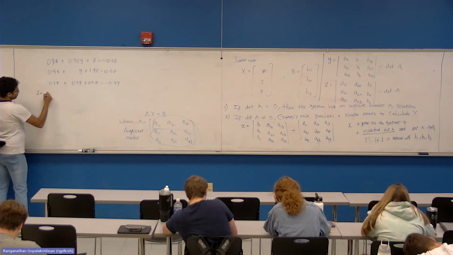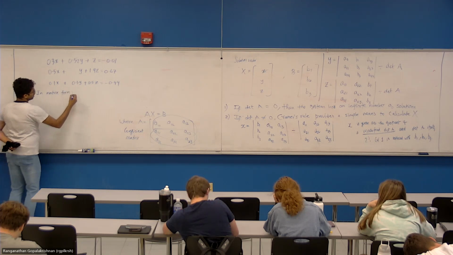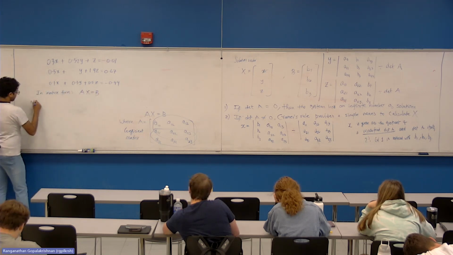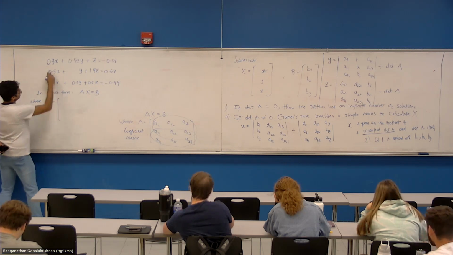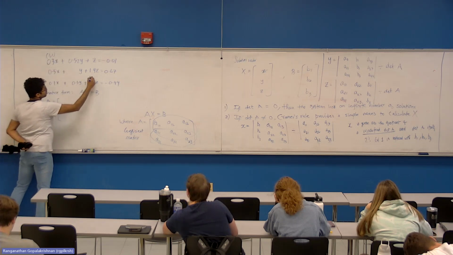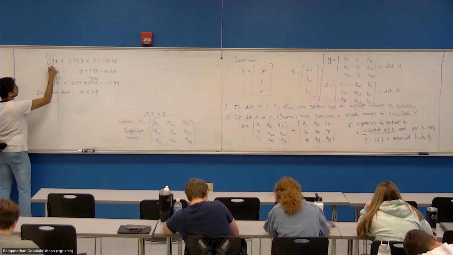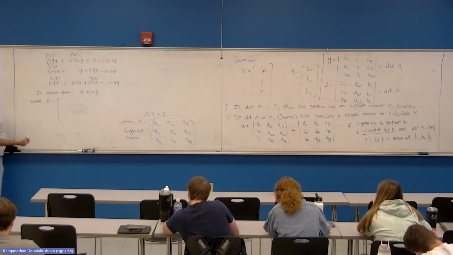In matrix form, this would be Ax equal to B, where A equals, so remember this is position 1,1, this is position 3,3, 1,3, 1,2, 2,1. The rest you can fill out, right?